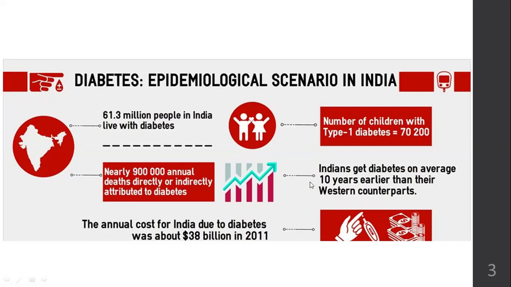If you compare across races, Indians get diabetes on an average of 10 years earlier than Western counterparts, who are relatively more nutritionally efficient. The obesity and overweight situation is also worse in Western countries, but we have a worse diabetic scenario. Is it clear to all?